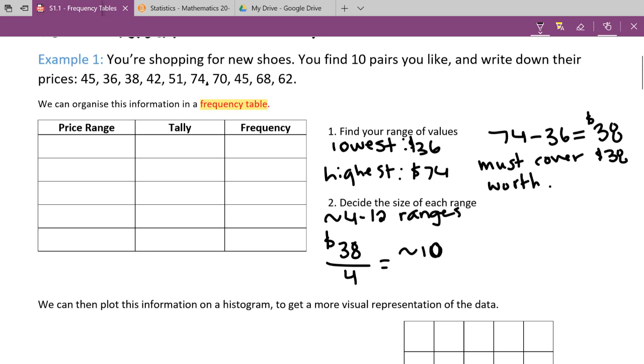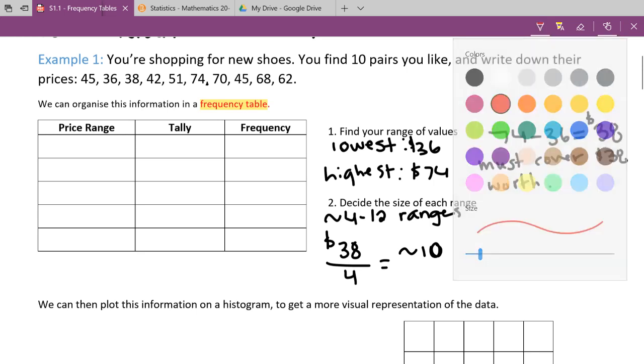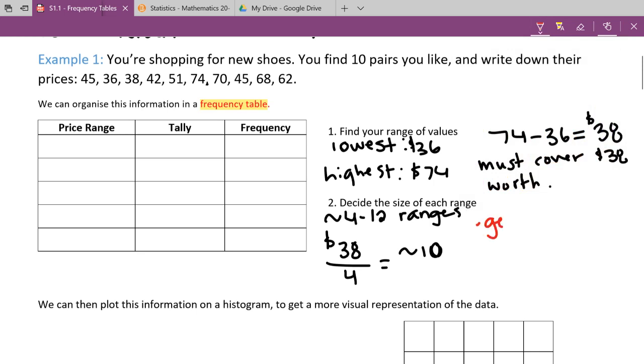If you're talking about shoes between $30 and $40, and then shoes between $40 and $50, there's a good difference between those. A little note, generally we want our ranges, if we have big enough numbers, to go up by 1, 2, 5, 10.